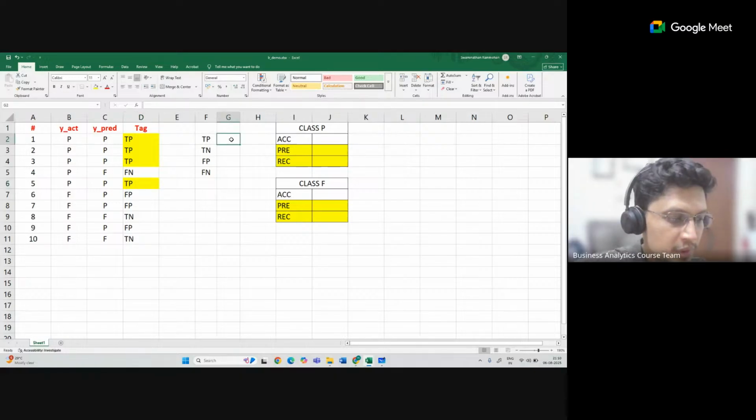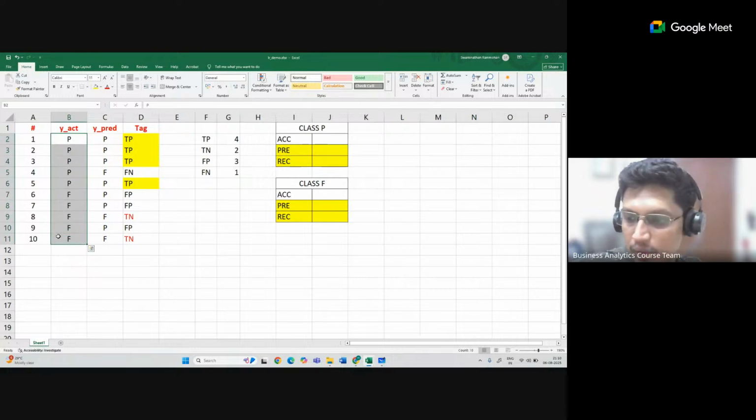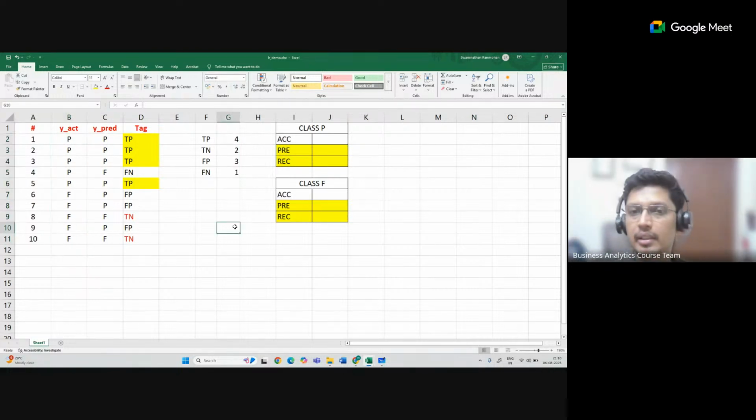We have four true positives, true negatives, I think two, false positives, three, false negative is one, I guess. So if I add up, I'm getting 10, and we do have 10 here. I think it is correct, and correct me if I'm wrong.